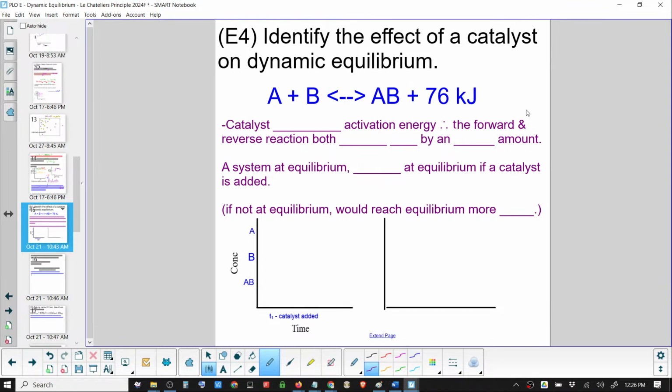What will a catalyst shift? What's different? Nothing. Okay. Did you draw that? Well, all increases but the same. You're drawing concentrations, not rate. Okay. So all the concentrations go up?